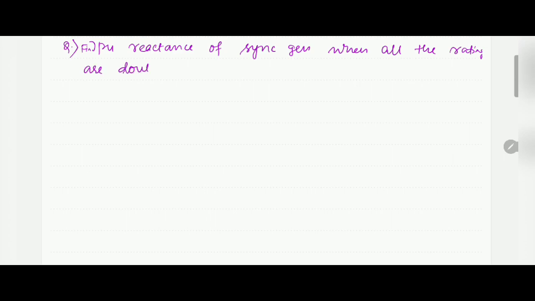We have to find the per unit reactance of a synchronous generator when all the ratings are doubled. We have been provided four options here. First one is 2, second one is 4, third one is 0.25 and fourth one is 0.5.